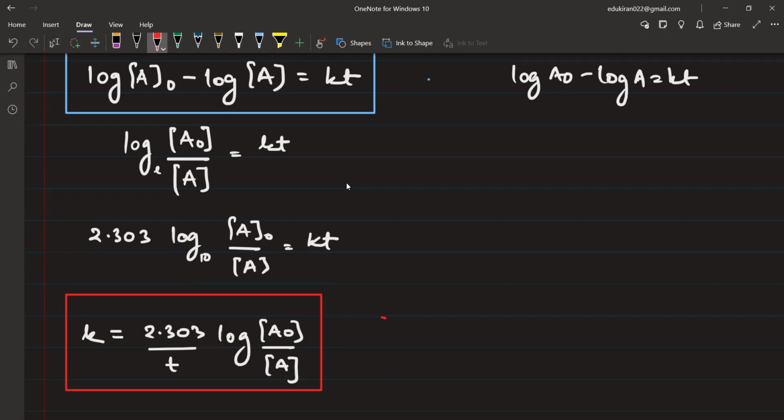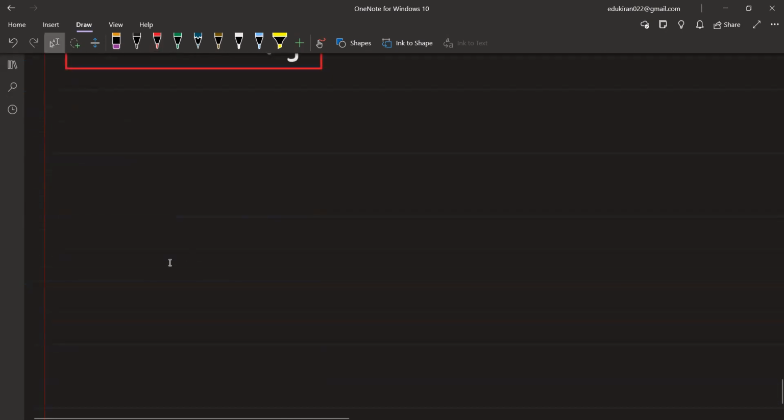We will look at the graphs also. Okay, we will look at two plots.